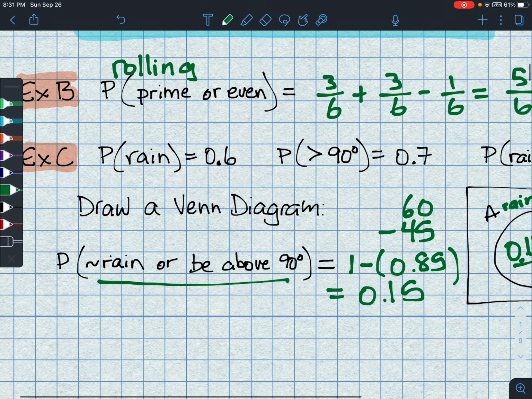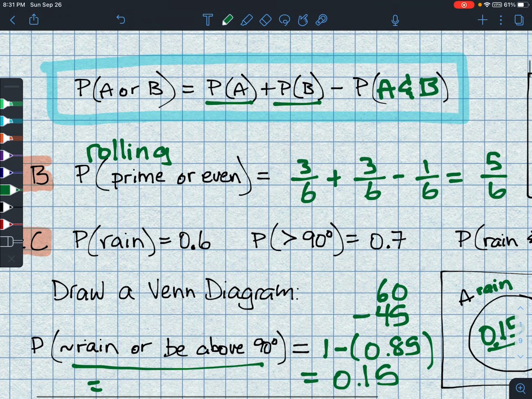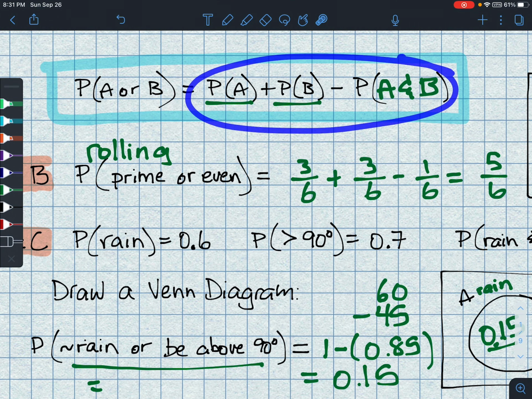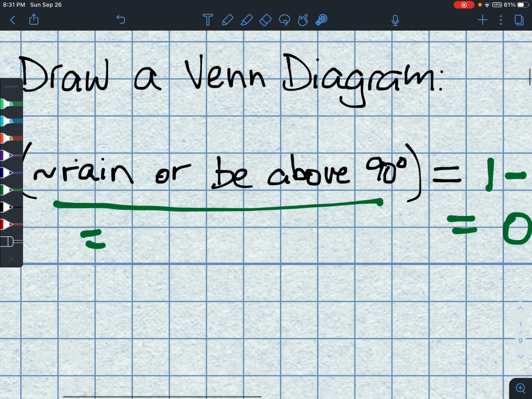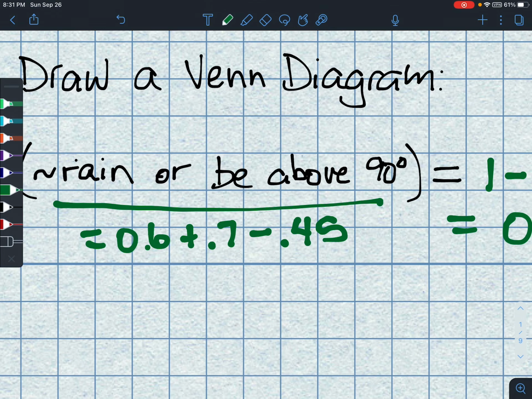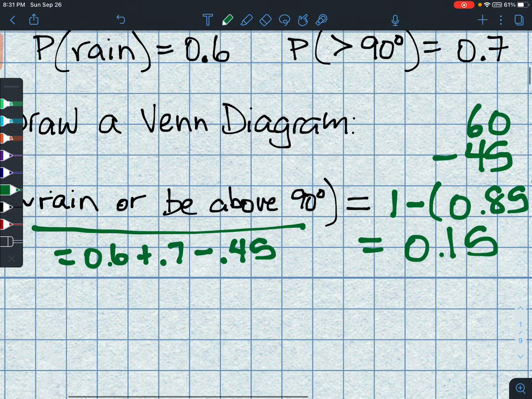Now another way of doing that, again, if I follow the rule up there and I say add them up and then subtract the overlap, I could say 60% plus 70% minus the overlap. That is also going to give me 0.15. Okay? All right, well, hopefully that made sense.